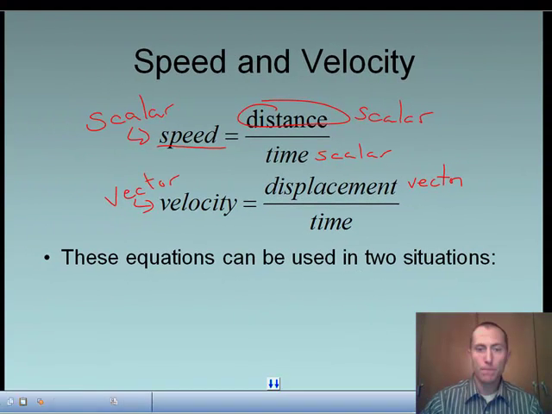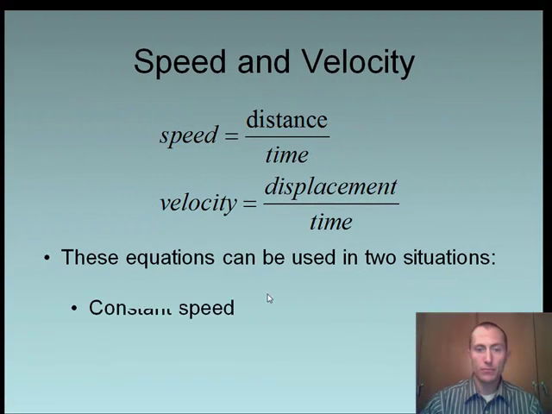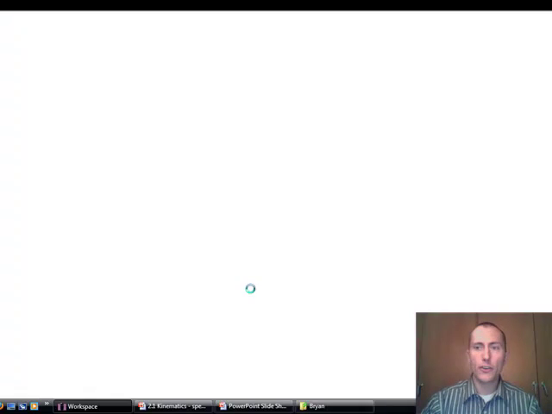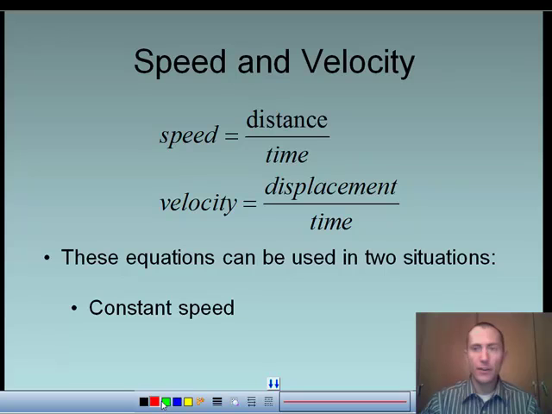Now, these two particular equations are used for two very specific scenarios. The first is if there's a constant, or what we'll often refer to as a uniform speed, and that's when the speed stays the same.